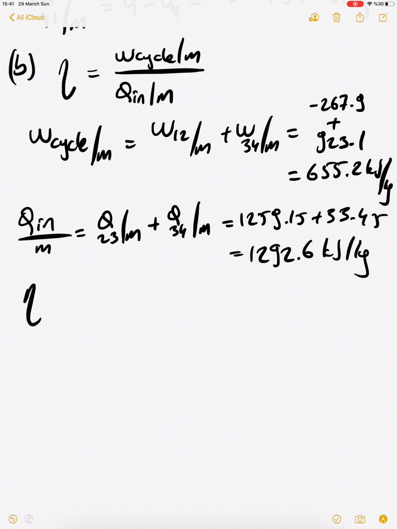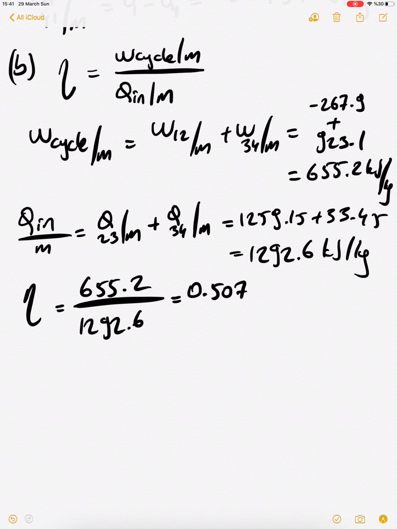So the thermal efficiency is going to be the net work divided by this, and it is equal to 0.507, which is 50%.